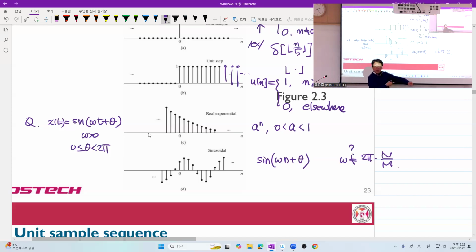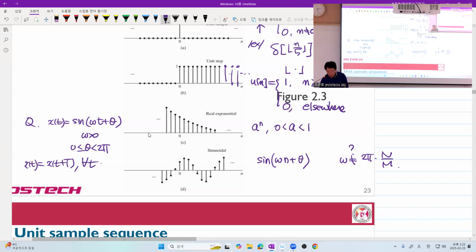Is x of t a periodic signal? And your answer is yes. Why? Because the definition of periodicity is that if x of t equals x of t plus some positive capital T for all t, then it's periodic with period T.